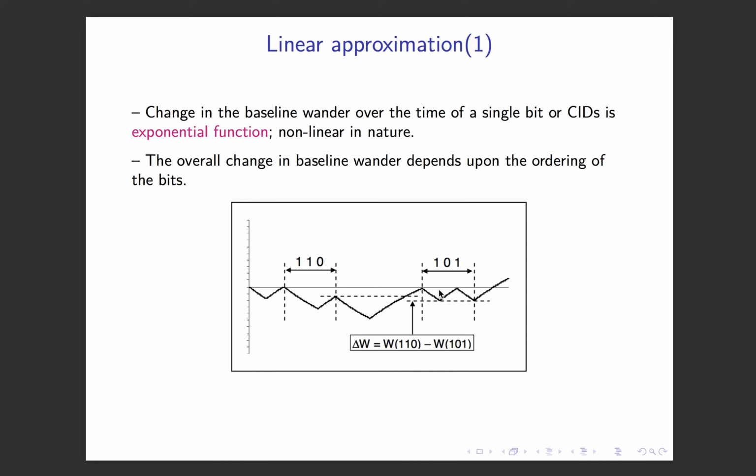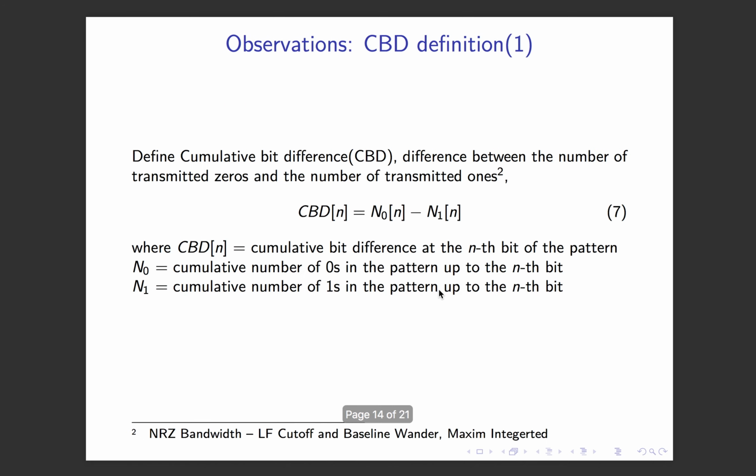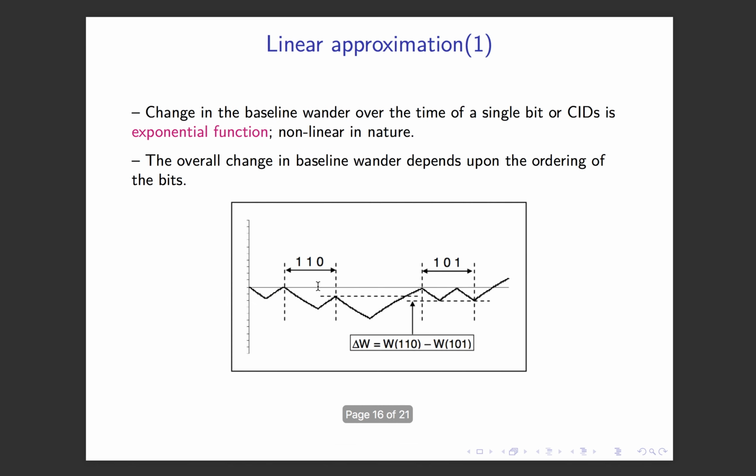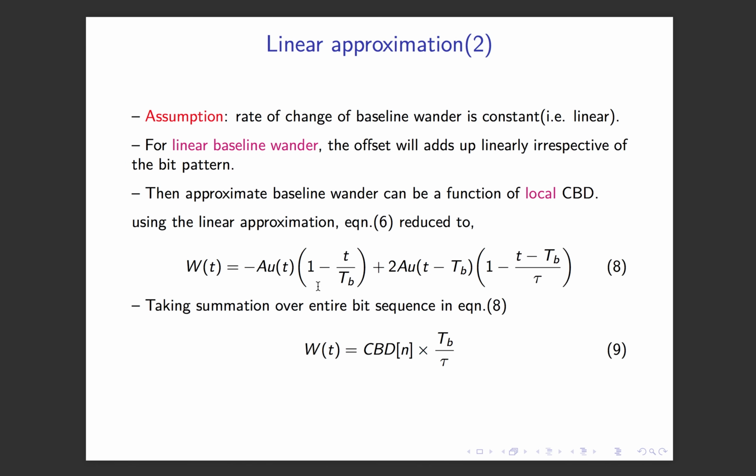And as we know, if we look at the equation for W, it is dominated by this exponential term. So we can say this is not a linear term, this is an absolutely non-linear term. Well, here is the linear approximation.